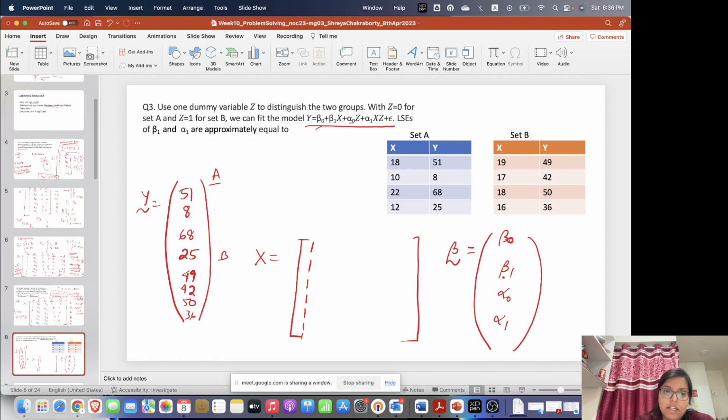So first I have written x, the A group first. So I am going to write the x for A group at first: 18, 10, 22, 12. And then I am going to write the B group, 19, 17, 18, 16. So this is done.